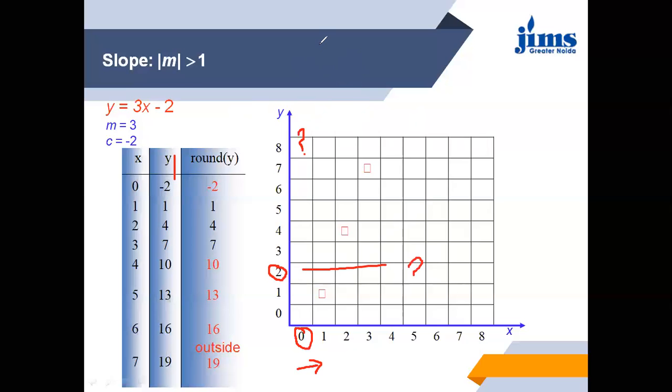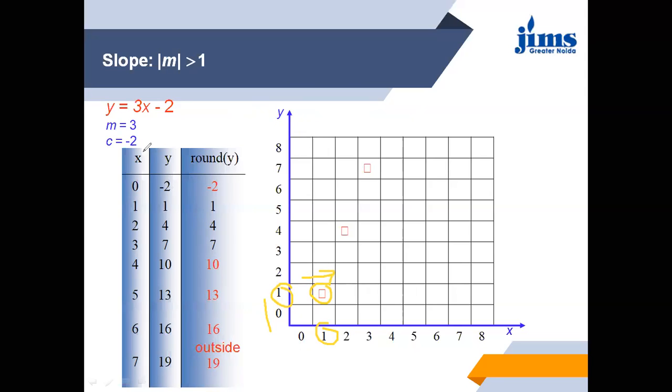When we have to find out the position of this pixel, first I will consider this x1. First I will consider the value of x and try to find out the value of y, or I can consider the value of y and find out the value of x.